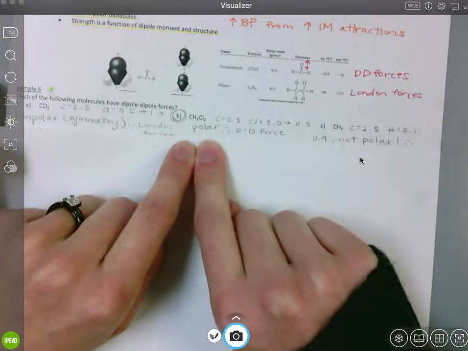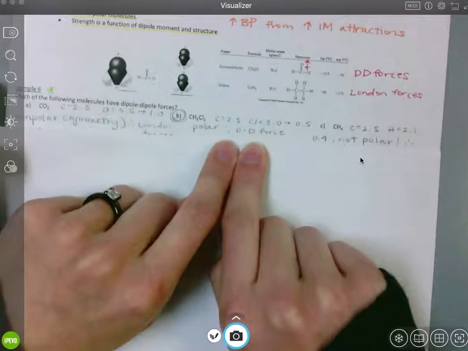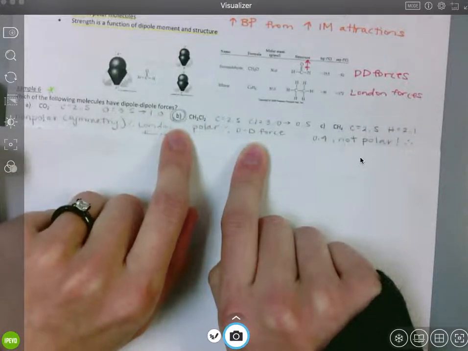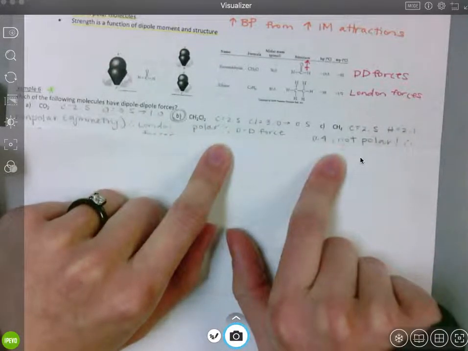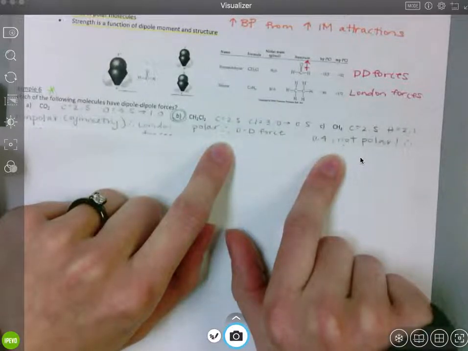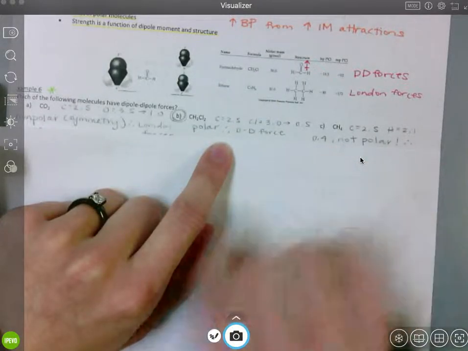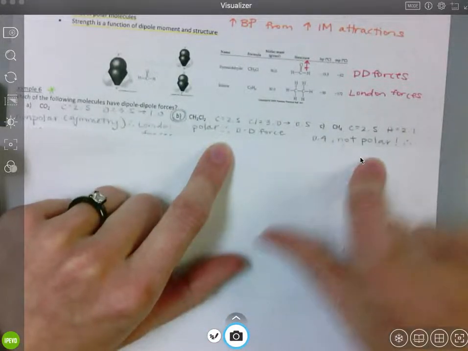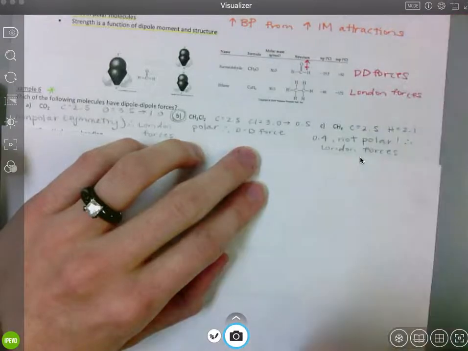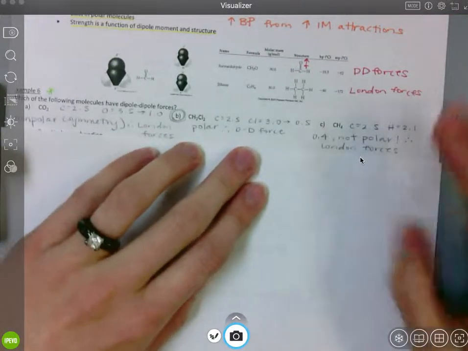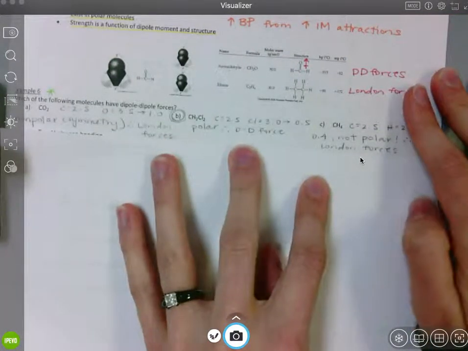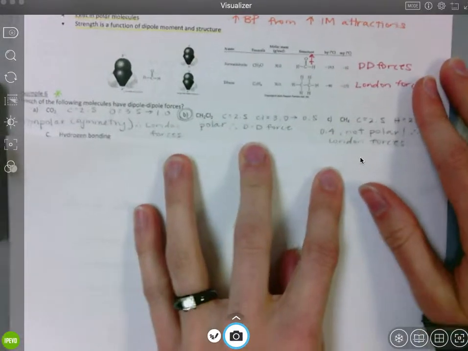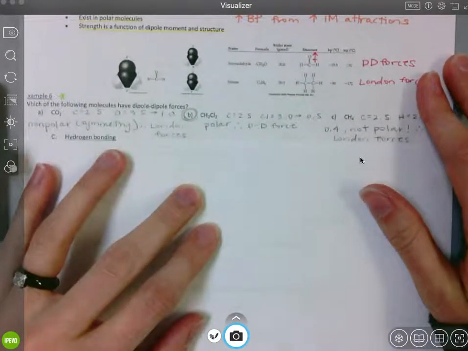So we stay polar, and we have dipole-dipole forces. So letter B, we have dipole-dipole forces. Letter C, so CH4. So carbon-hydrogen bond is nonpolar, so 0.4 electronegativity difference. Nonpolar, therefore, we only see London forces. So letter B is the only one in example 6 where we're going to see dipole-dipole forces.